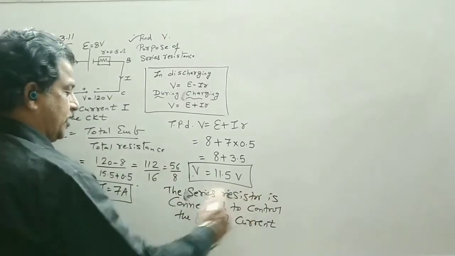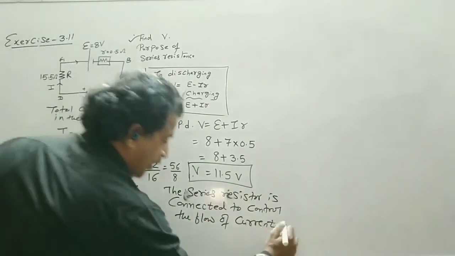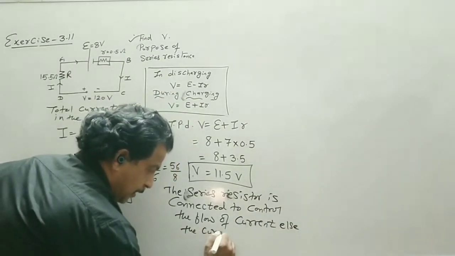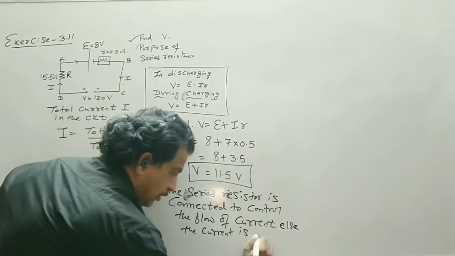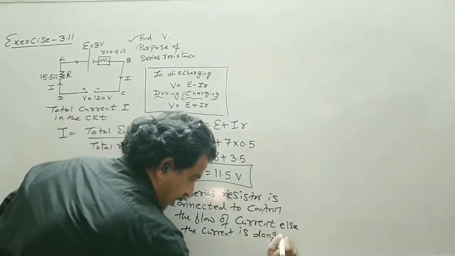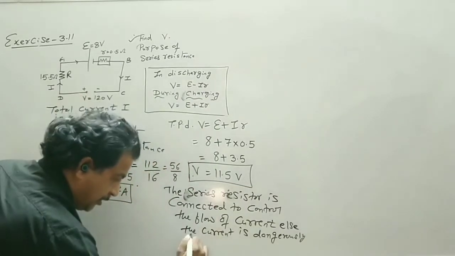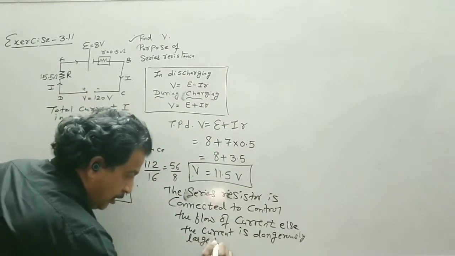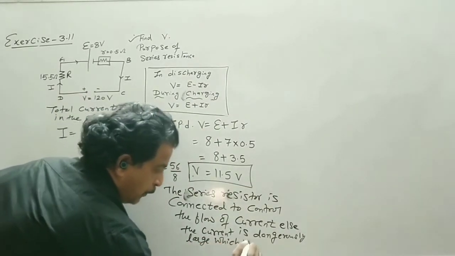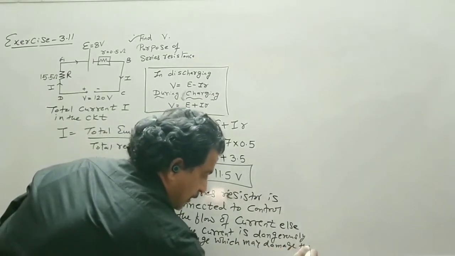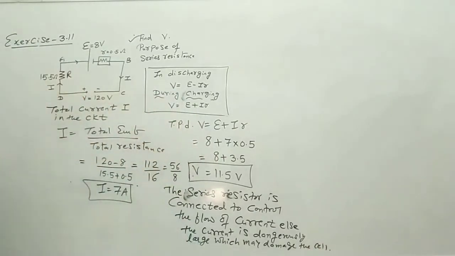The series resistor is connected to control the flow of current, else the current is dangerously large, because it is a very large value, which may damage the cell which is to be charged. So this is one reason.